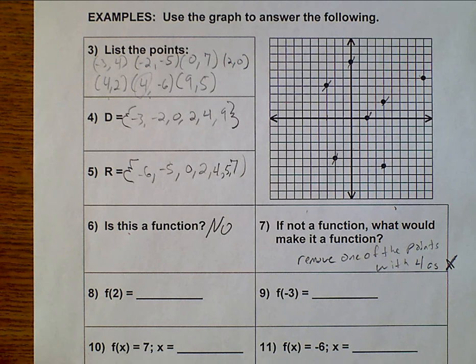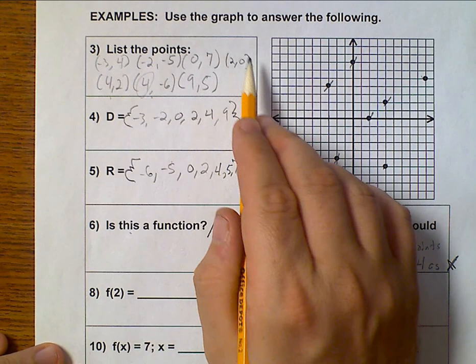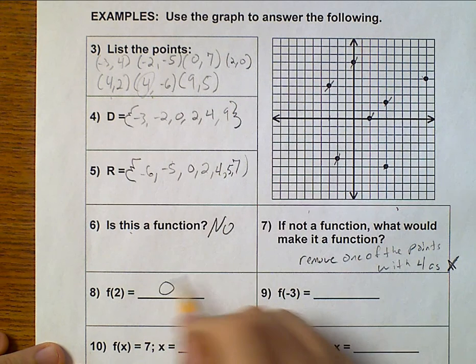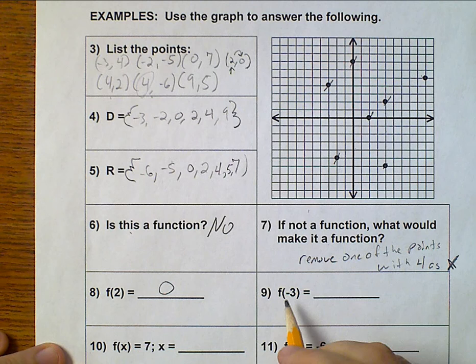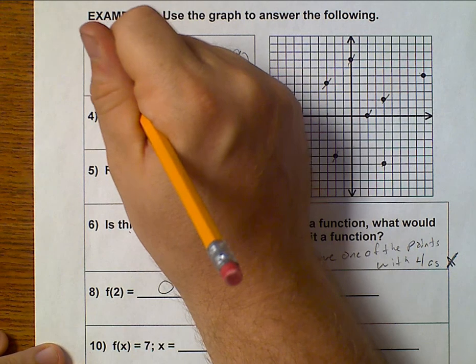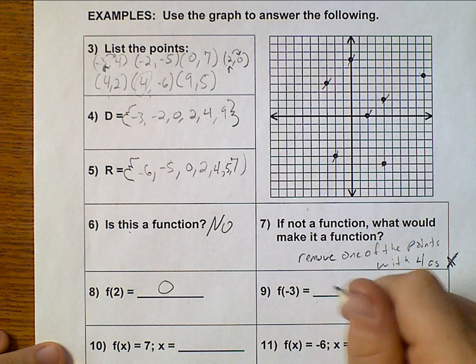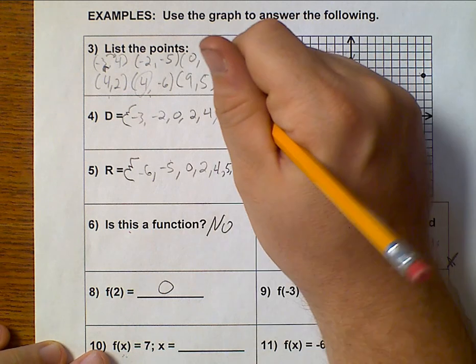Now let's see, f of 2. Well, when I put f of 2, I get 0. F of negative 3. Well, that gives me 4. Now, if f of x equals 7, that means that my y value is 7.